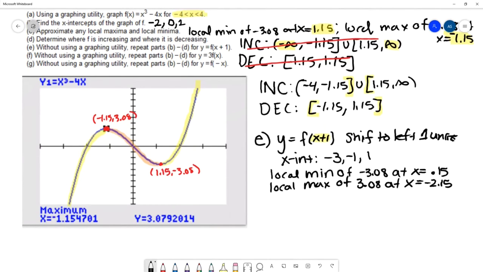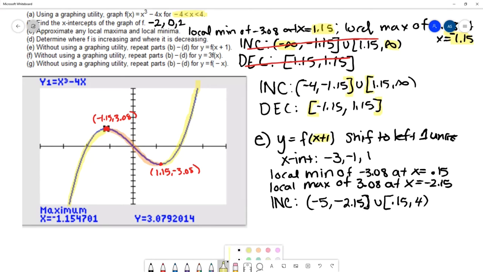So that's also going to shift our increasing and decreasing. Our increasing will shift all the x's to the left 1, so that will go from -5 to -1, that would be -2.15, union with 0.15 to 4.